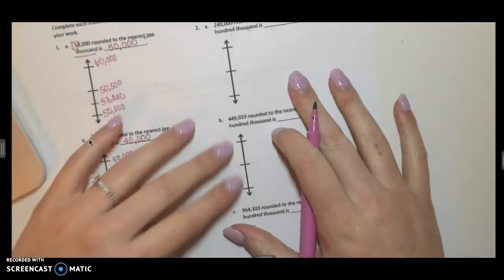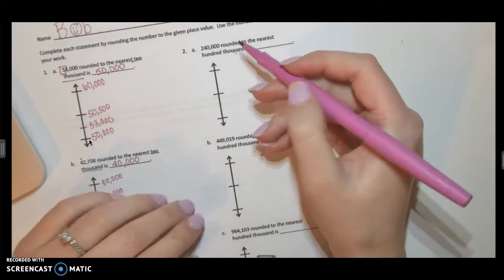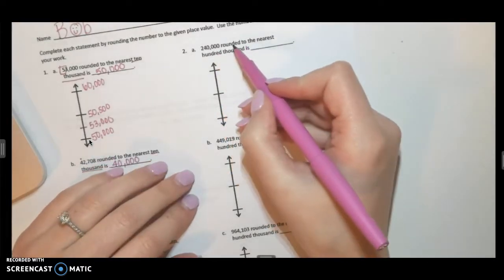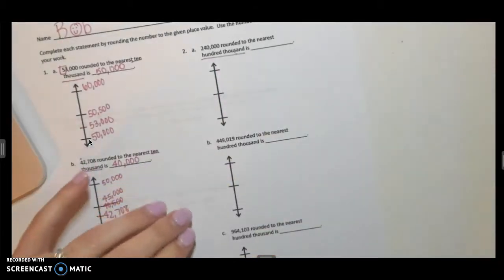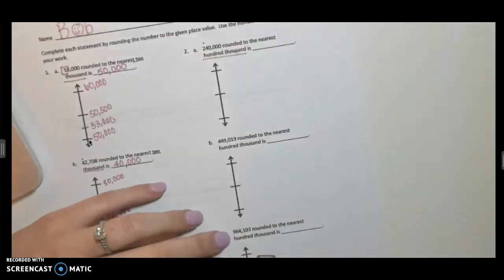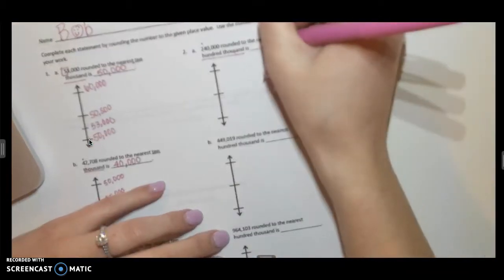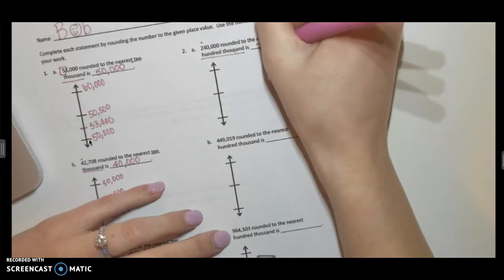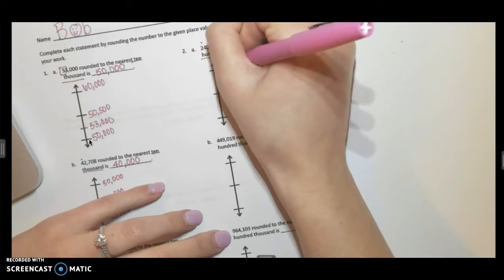So now on to our 2A right here. That would be 240,000 rounded to the nearest 100,000. So we're switching gears up here. Our nearest 100,000, that place value would be this 2. And that 4 is telling us to stay the same. So it would be 200,000. So up here would be 300,000.